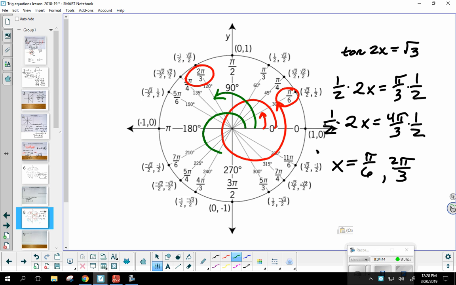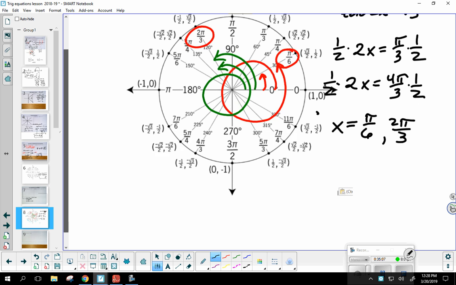We go all the way around to there. So basically, what do I want to do to pi over 6 and 2 pi over 3? Remember, if we're going coterminal, what am I actually adding to them? 2 pi.